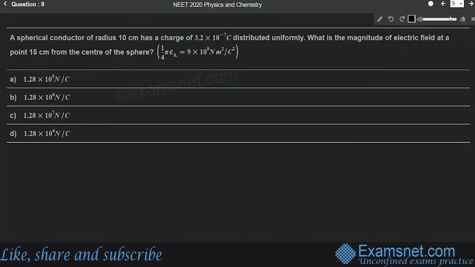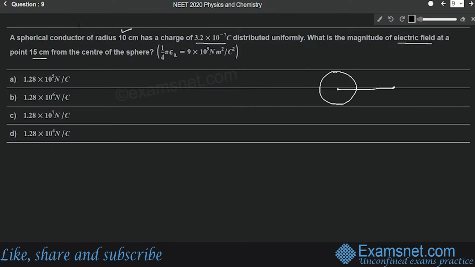Question number 9 is from the chapter Electric Charges and Fields, and the question is: a spherical conductor of radius 10 centimeter has a charge of 3.2 into 10 to the power minus 7 coulomb distributed uniformly. What is the magnitude of electric field at a point 15 centimeter from the center of the sphere? We have a sphere with radius 10 centimeter, but the radius is not important here.